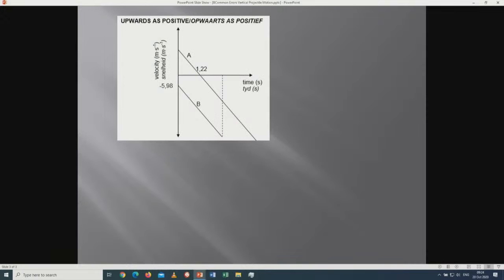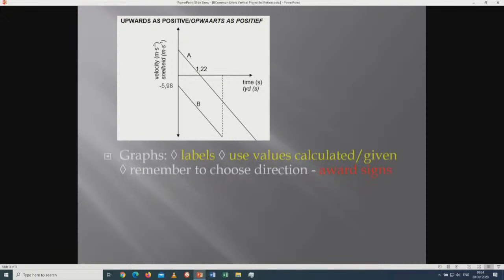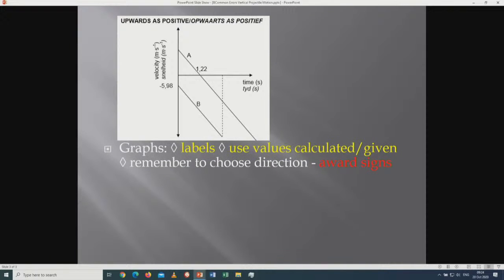Now maybe just on graphs, on vertical projectile motion. Okay, if you are asked to draw a graph, just make sure that the labels are correct.